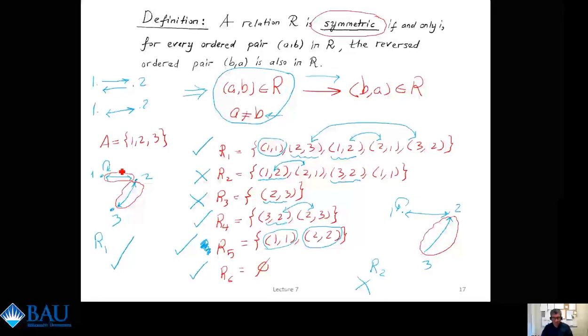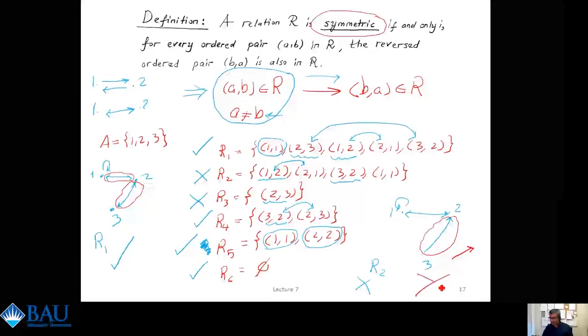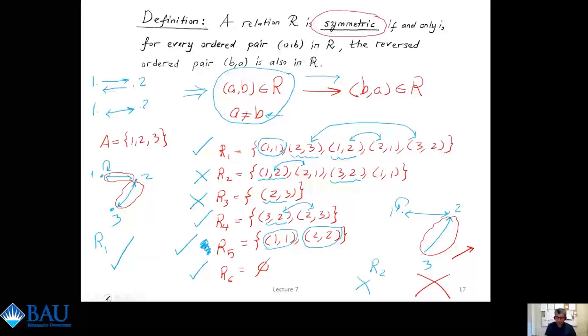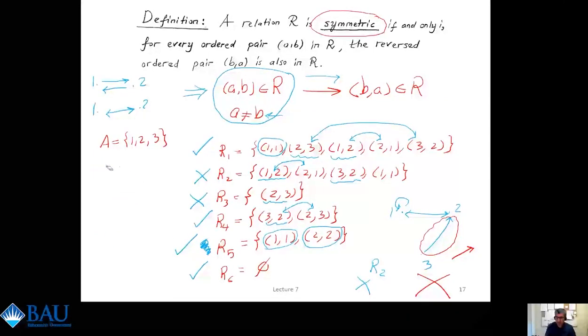So we can conclude that in a graph, if you see a one-sided arrow, it is impossible to be symmetric. Now let us check R5. Easily now you will understand why R5 and also R6 are symmetric.